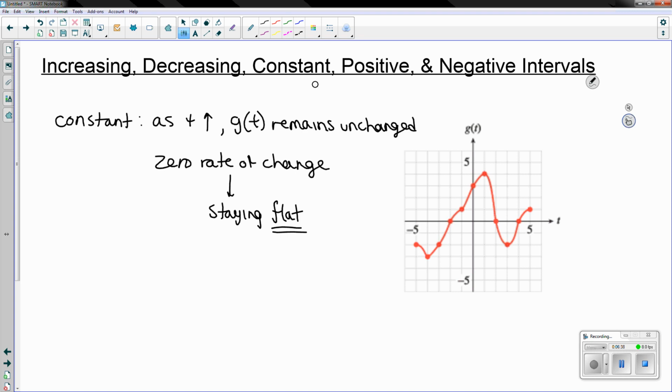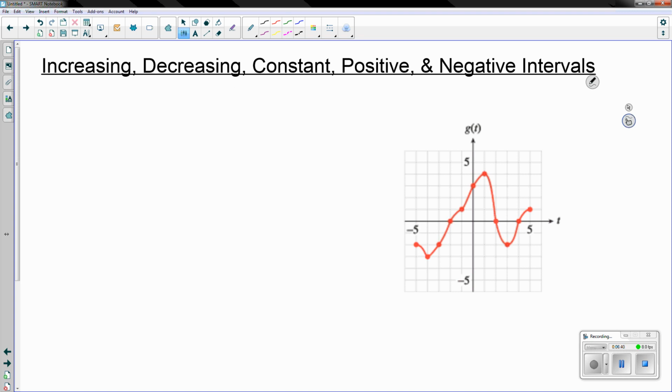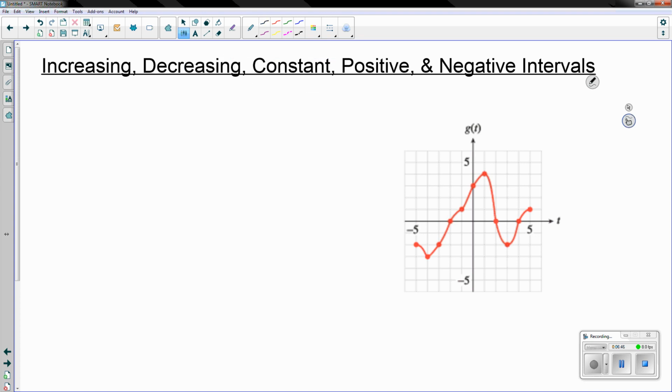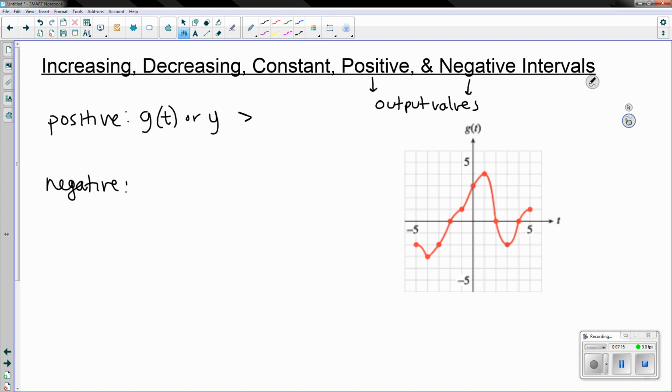Now let's move over to positive and negative intervals. So what does it mean to be positive and what does it mean to be negative? This is all in reference to the outputs. So when we look at positive and negative, we're just looking at our output values. Now to define positive and negative, a function is positive when the outputs, or the y values, are greater than 0.